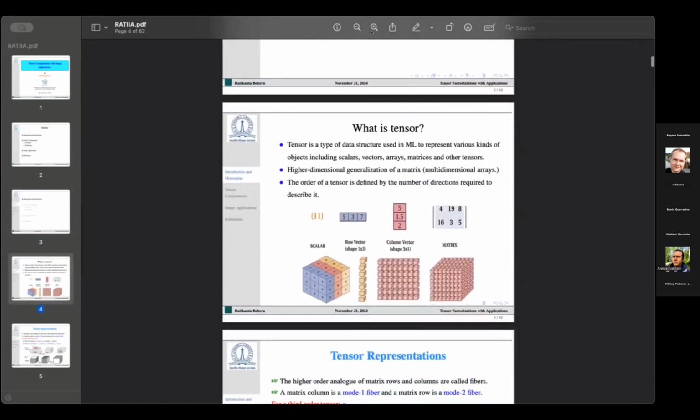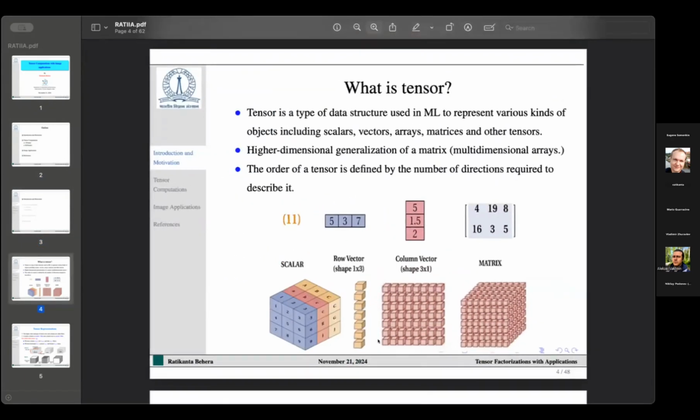So before that, let us start with what is a tensor. A tensor is a type of data structure that is used in machine learning to represent various kinds of objects. Those objects include scalars, vectors, arrays, and matrices, along with others also. Think of it as a box.